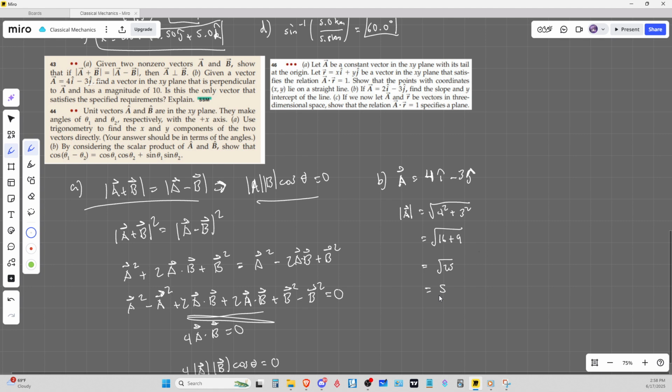So now we basically have to find, given the vector perpendicular to A that has the magnitude of 10, is this the only vector? I don't think it would be the only vector if it's asking that type of question.